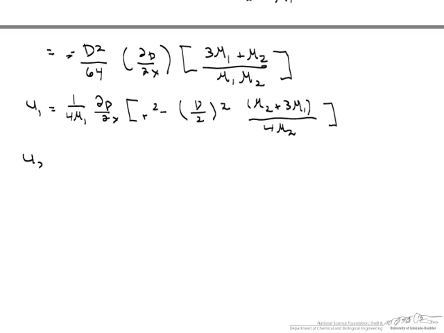Our u2 is 1 over 4 mu 2 dp dx times r squared minus d over 2 squared. And the difference in complexity between these two is because we had a boundary condition where u2 equaled 0 at the wall.